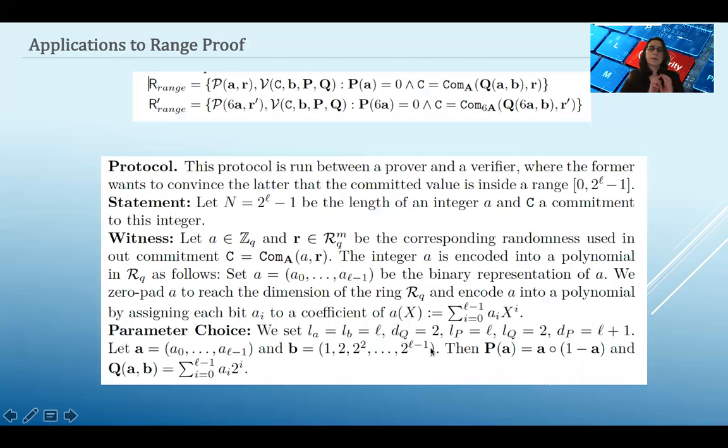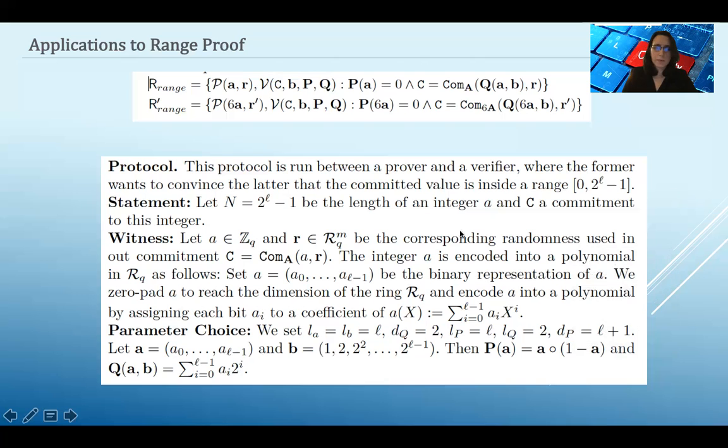And the last part was to apply our main contribution, the polynomial evaluation protocol, and then its extension, the batch polynomial evaluation protocol, to the range proof. So the idea is that using the batch polynomial evaluation protocol, we can construct the corresponding range proof.